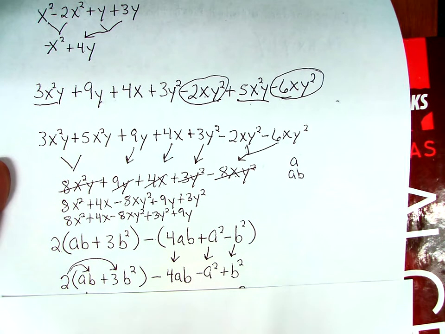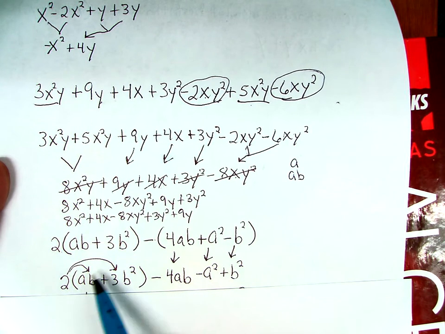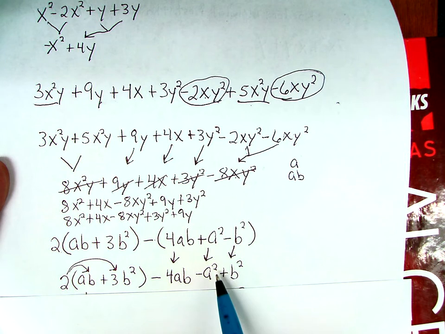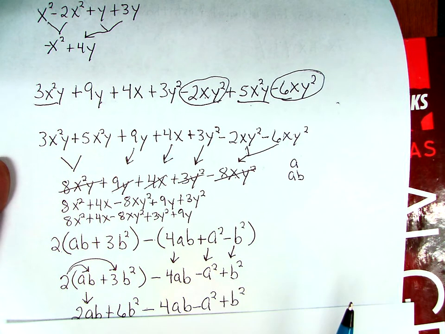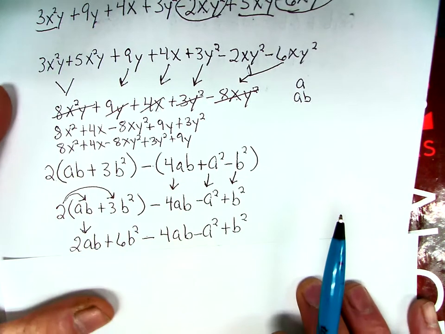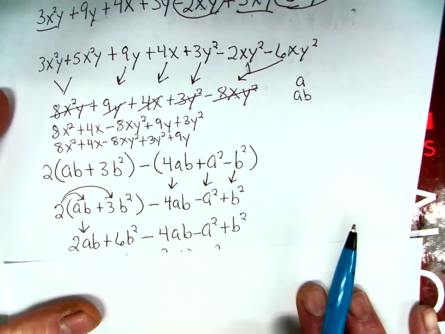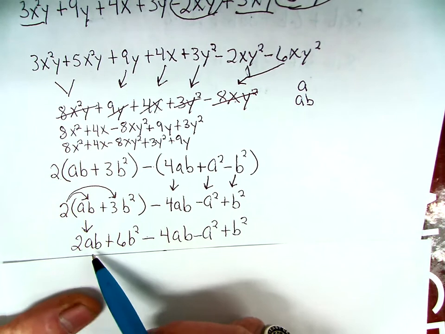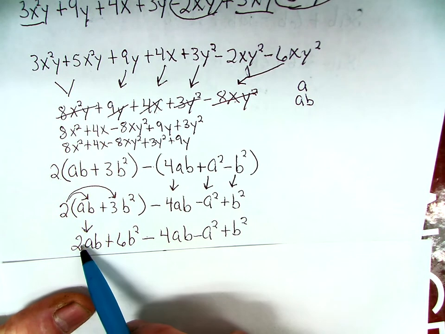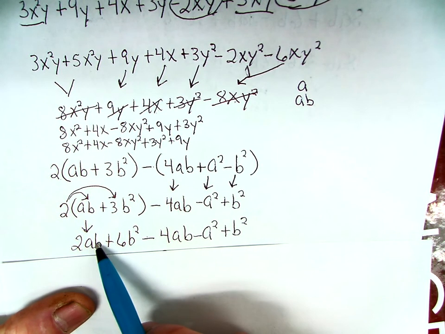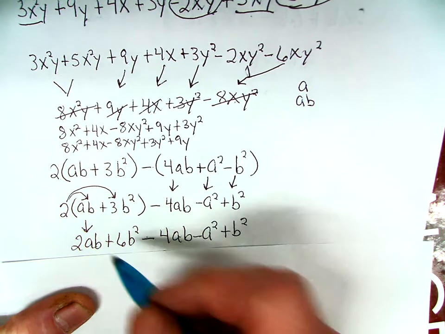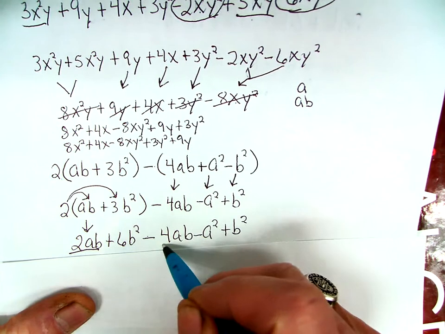So here we go. Multiply everything in here by 2. Change the sign on all of these. Here's what we end up with so far. Now it's time to regroup and combine like terms. I have 2ab. Here are more ab's right here, so I'm going to underline those.